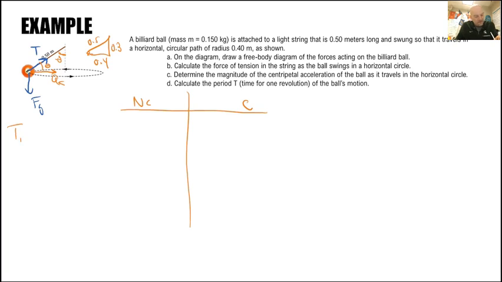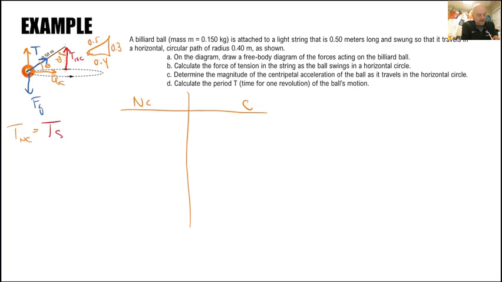Okay, so if I want T non-circular, that's going to be my vertical in our picture. Depending on what angle I want to use, I can do sine or cosine. I keep drawing on the diagram here. So this is the T non-circular component, so that would be our sine.